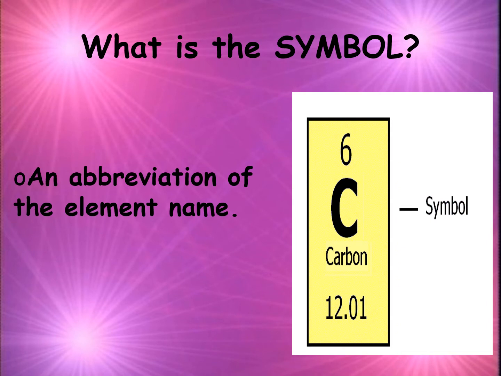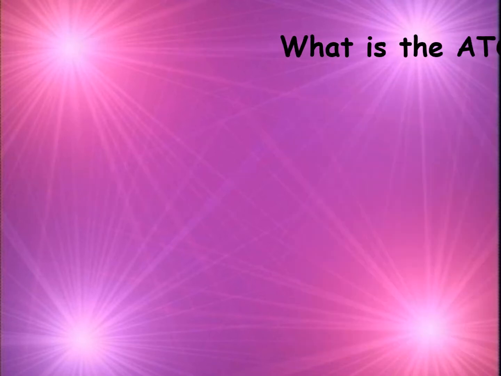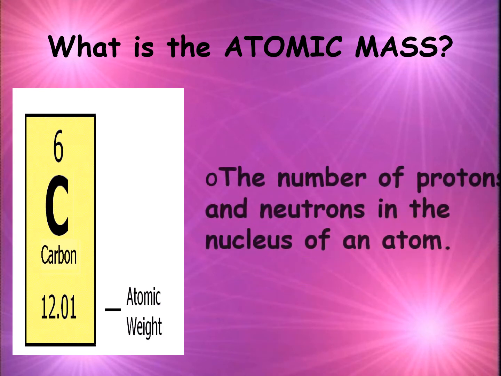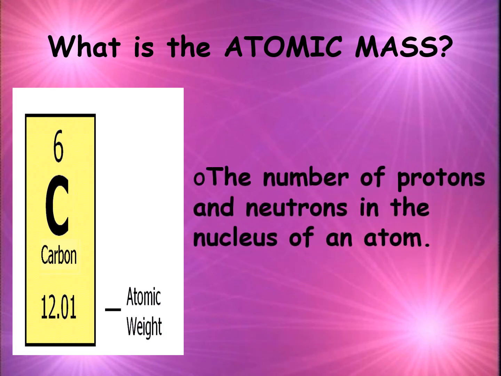What is the symbol? The symbol is an abbreviation of the element name. What is the atomic mass? The number of protons and neutrons in the nucleus of an atom.